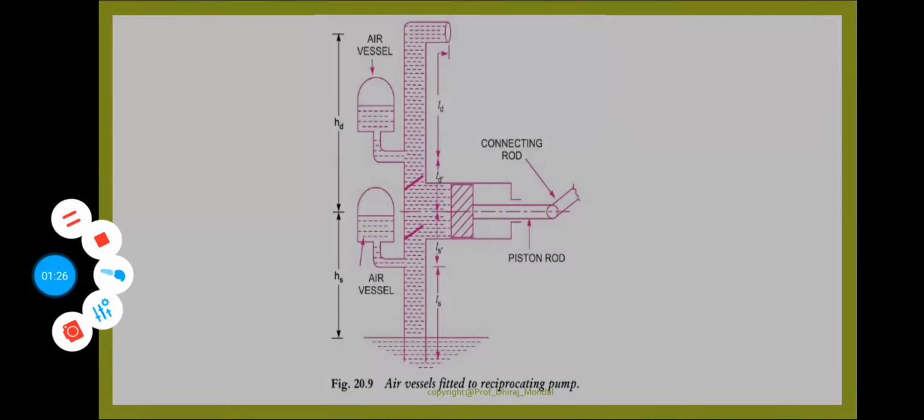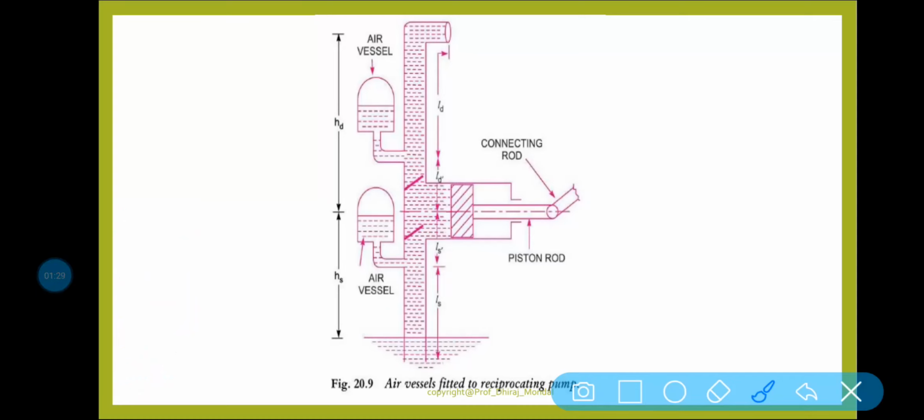Then what happens? At the time of the suction stroke the water is entering the cylinder, and at the time of the delivery stroke the water is coming to the delivery pipe.